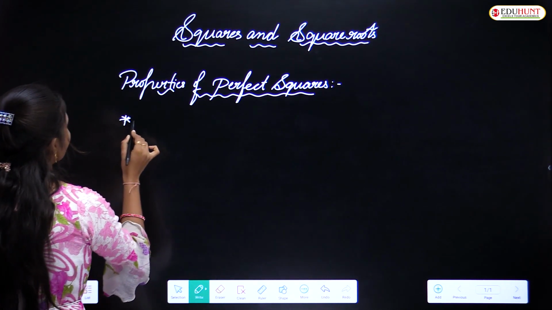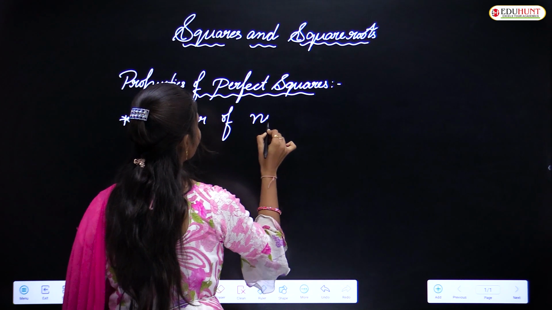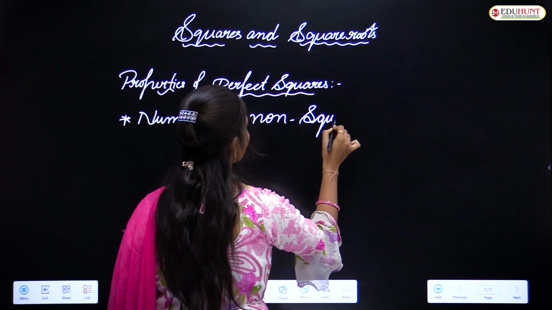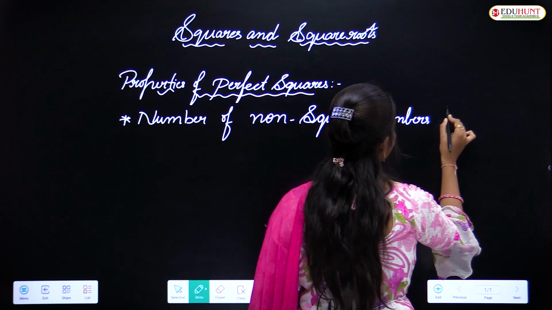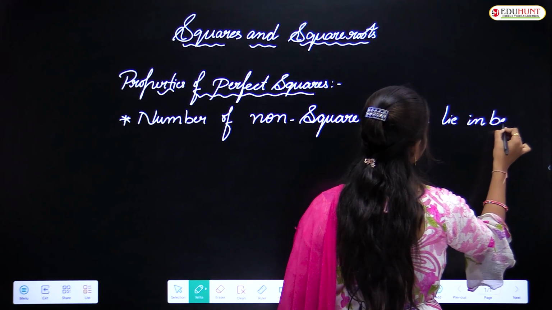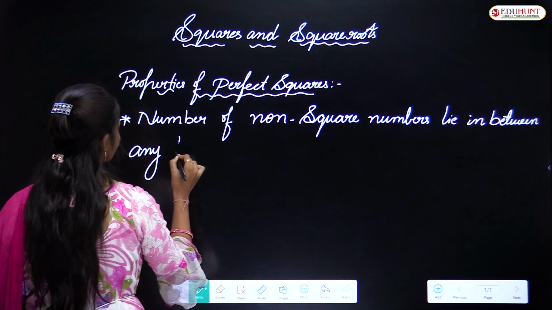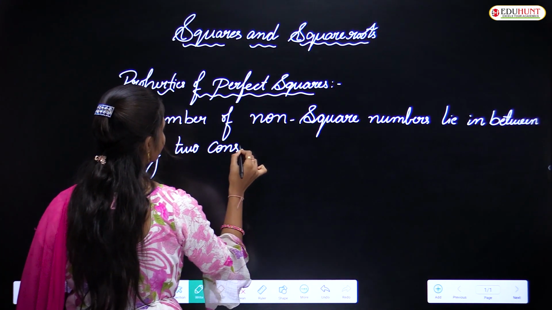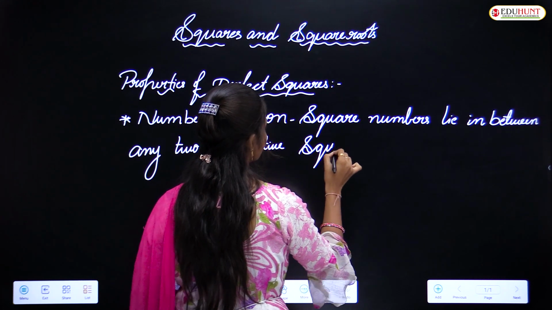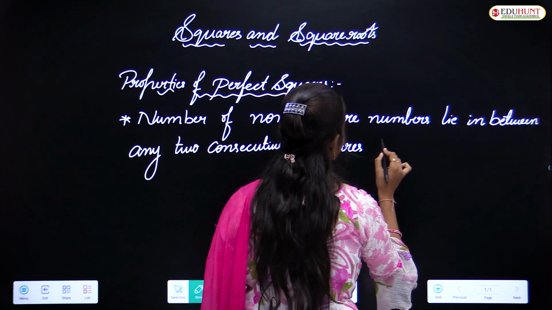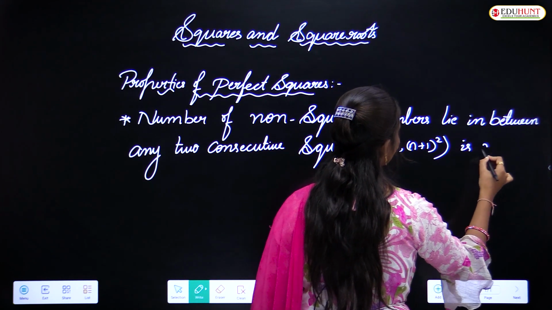The next point is: the number of non-square numbers that lie in between any two consecutive squares, say n squared and n plus 1 squared, is 2n.